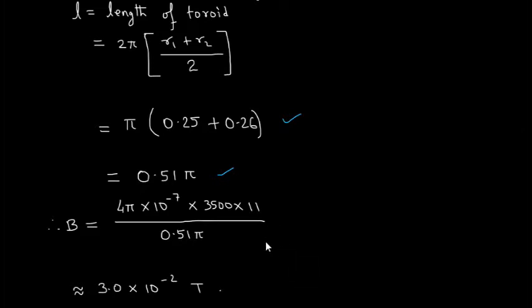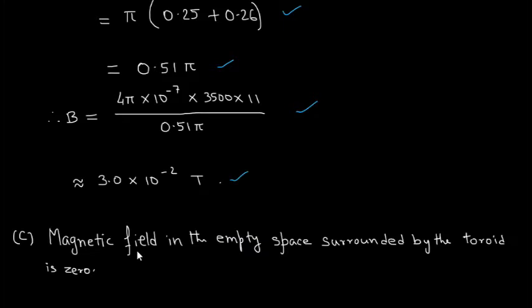Therefore B is equal to 4 pi multiplied by 10 to the power minus 7 multiplied by 3500 multiplied by 11 upon 0.51 pi, which is approximately equal to 3 multiplied by 10 to the power minus 2 T. C. Magnetic field in the empty space surrounded by the toroid is 0. Let us see the next problem.